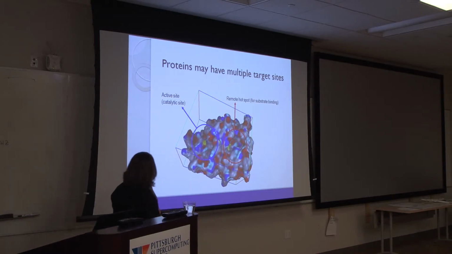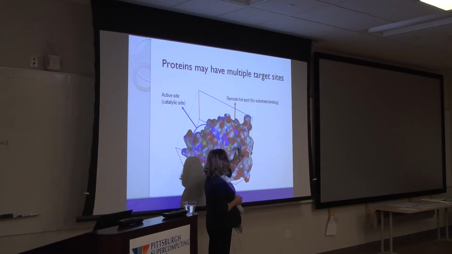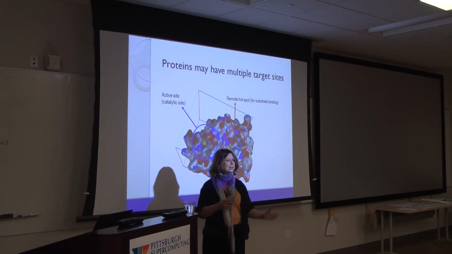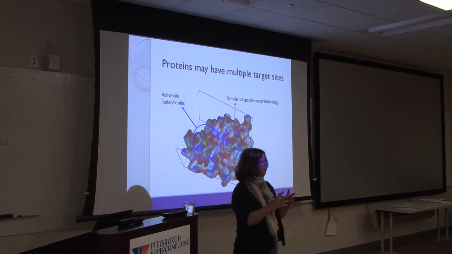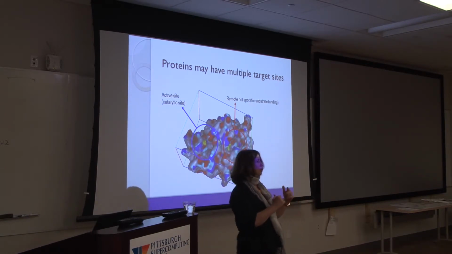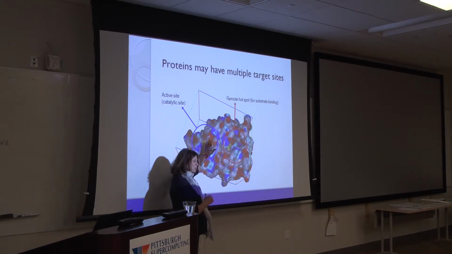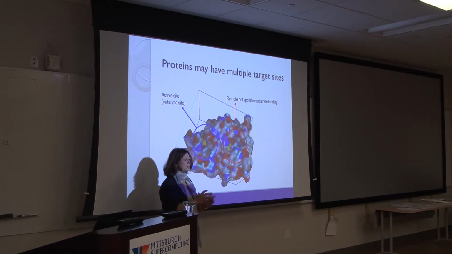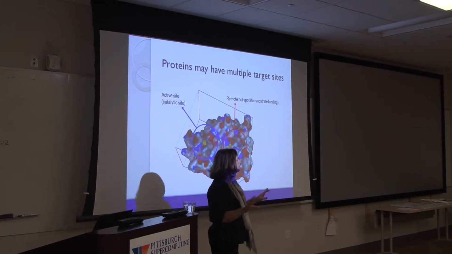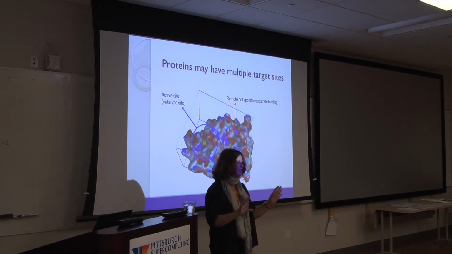It may have an active site, the catalytic site, but then there may be another hotspot, and this hotspot could be important for binding a substrate, right? Now if you bind something here and you block the catalytic activity, it's going to simultaneously inhibit the functionality of this molecule and all its interactions.